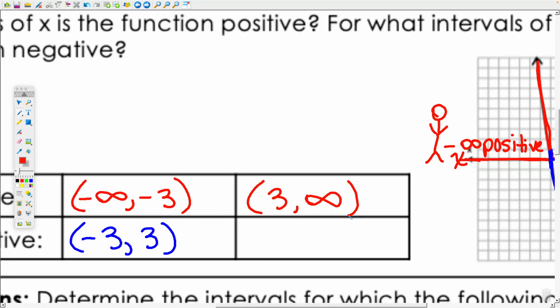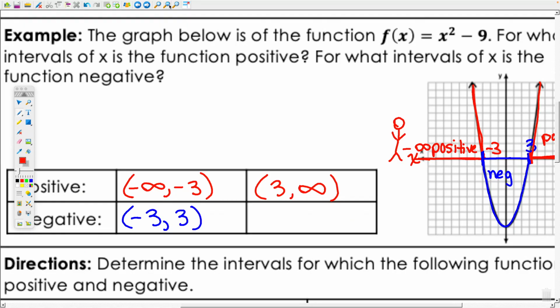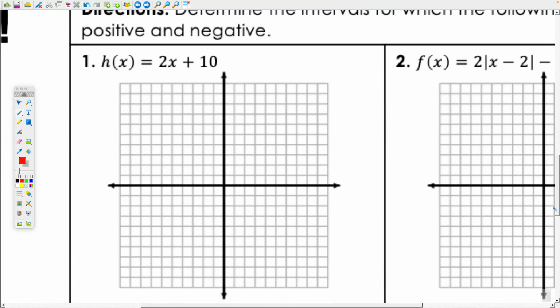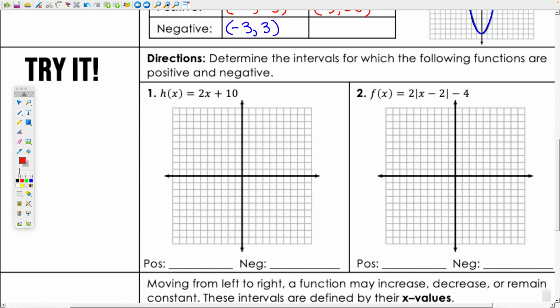So now, you're about to do some graphing. One thing I wish we could change about this is I wish the graphs were already there for you. But it is what it is. It says on the next section, because we're going to practice this again, you're going to determine the intervals for the functions you see here, which ones are positive and which ones are negative. You have to type this in your calculator to get the graph.